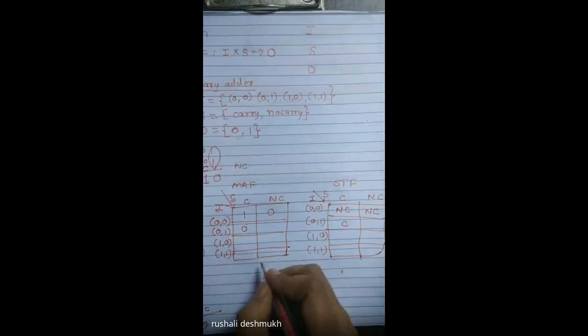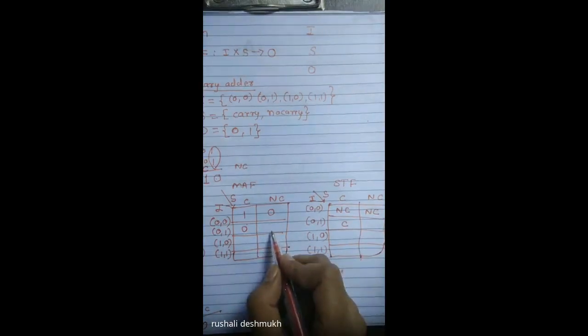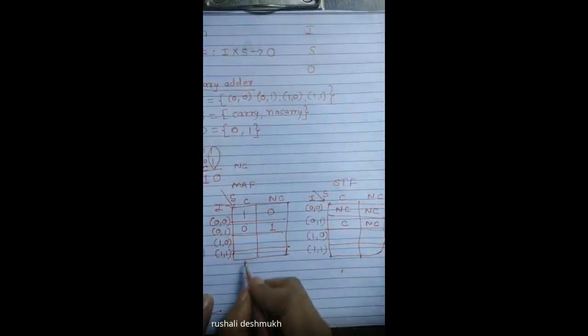Now if my input is 0 1 and the current state is no carry, what is the output and next state? Yes, Atharva: 1 and no carry. That is correct.